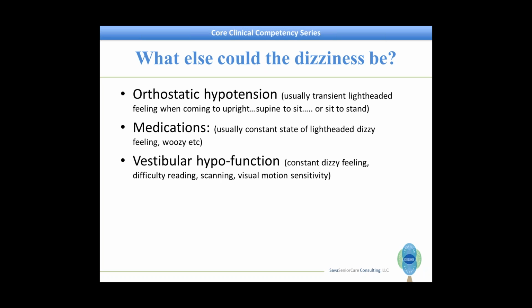But that will also be a complaint of a constant dizzy feeling. They'll complain of difficulty reading, scanning for things. They'll suffer from visual motion sensitivity. These people have a really hard time watching someone like me talk, who's doing a lot of this kind of stuff, because it's just too much visual information. That's referred to as visual motion sensitivity.